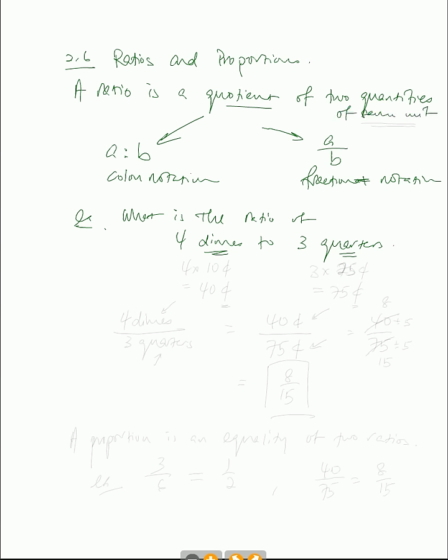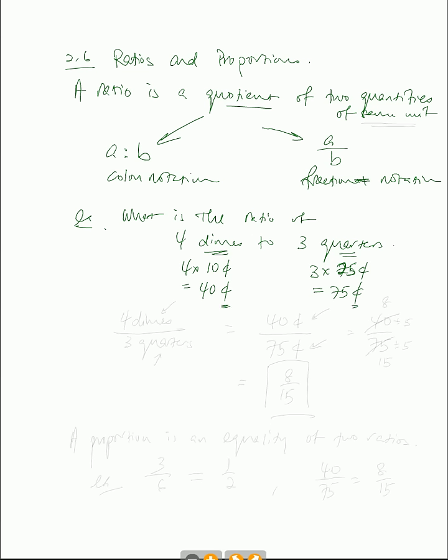You cannot compare dimes with quarters, because they're not the same thing. But translate what dimes mean. A dime is 10 cents, and there are 4 of them, so in terms of money, it's 40 cents. And a quarter is 25 cents each, and the 3 of them make 75 cents. So now that they're both in cents, they have the same unit.